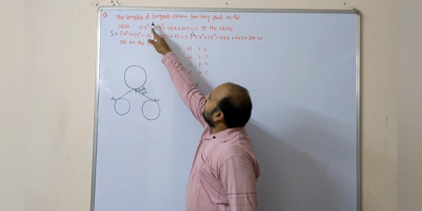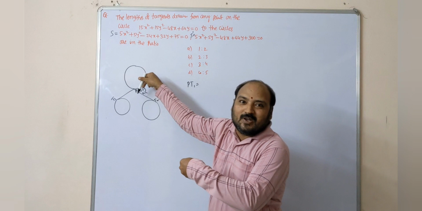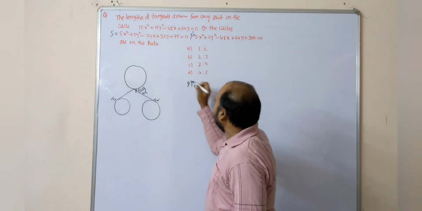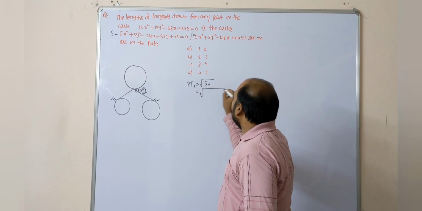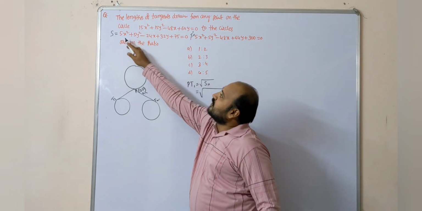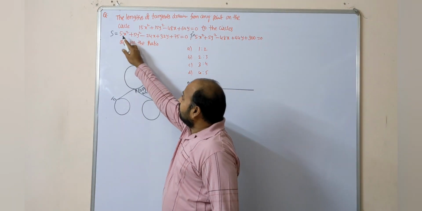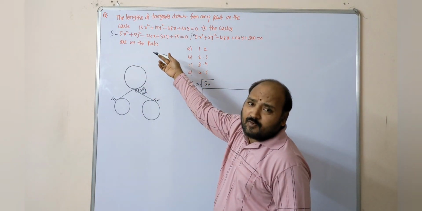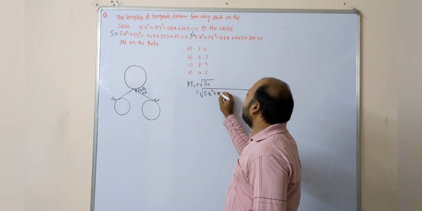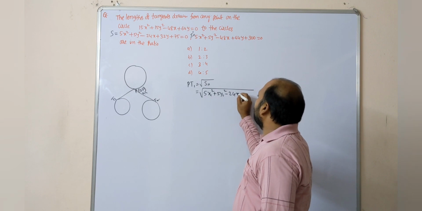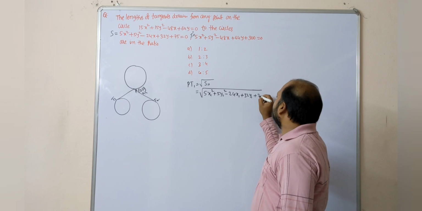Here the condition is given: the lengths of tangents drawn from any point on the circle. Any point means it is passing through the origin only, no? From this point to this circle, the length of tangent PT1 is root S11, that is root of the first circle equation 5x1 square plus 5y1 square minus 24x1 plus 32y1 plus 75.